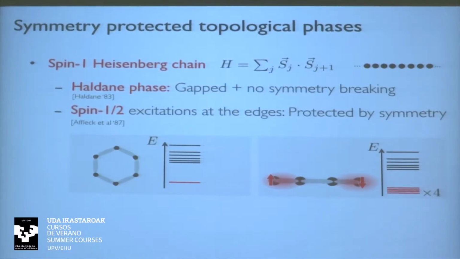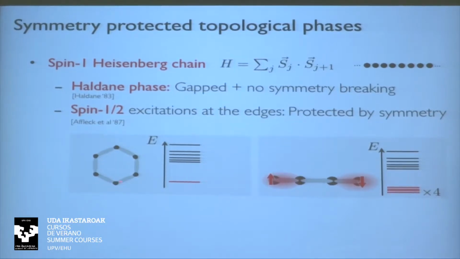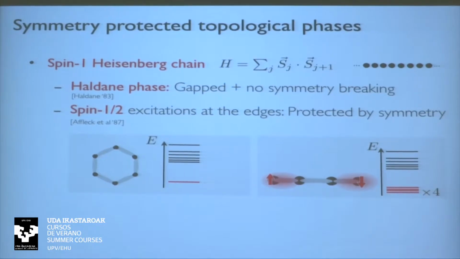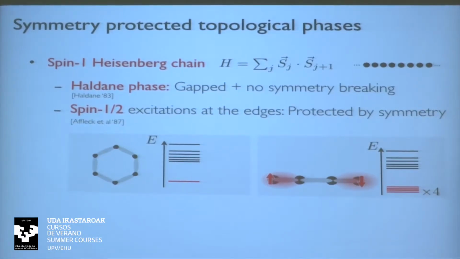And that's quite exciting because we started from an integer spin chain. So all the bulk excitations are of integer spin. However, the ground state has fractionalized spin 1/2 degrees of freedom that are localized at these edges. And this now characterizes properties of these spin chains.